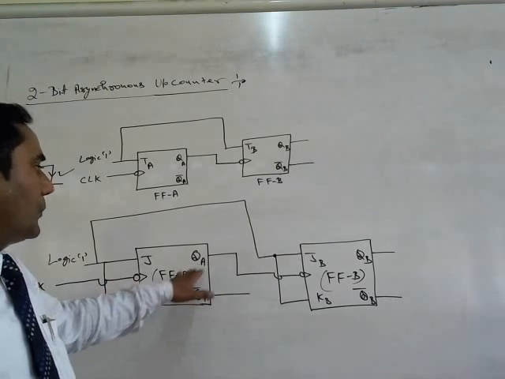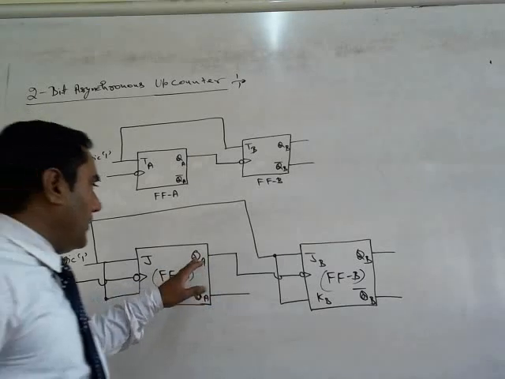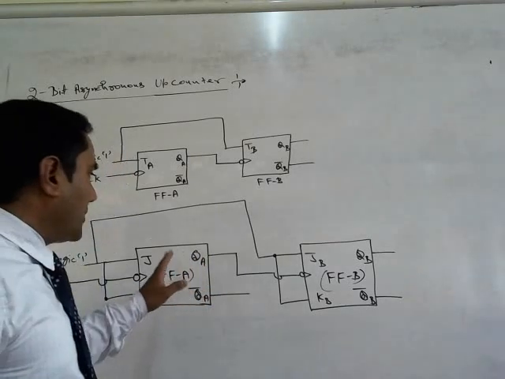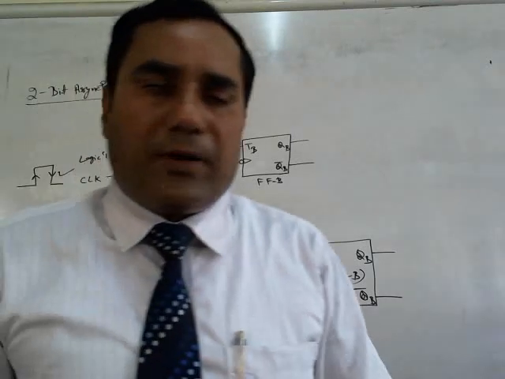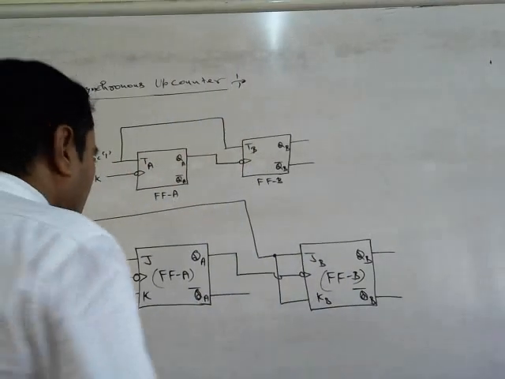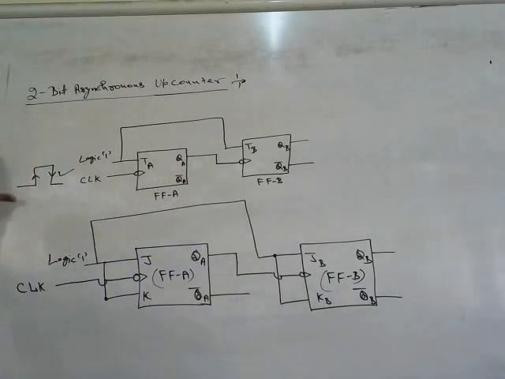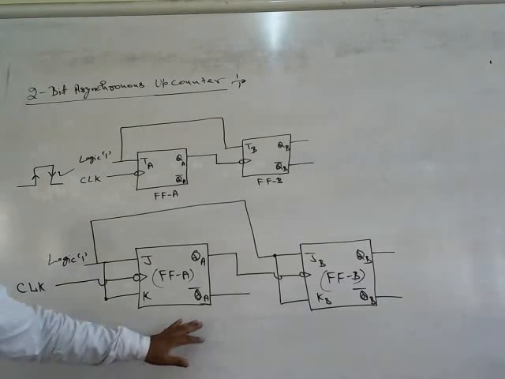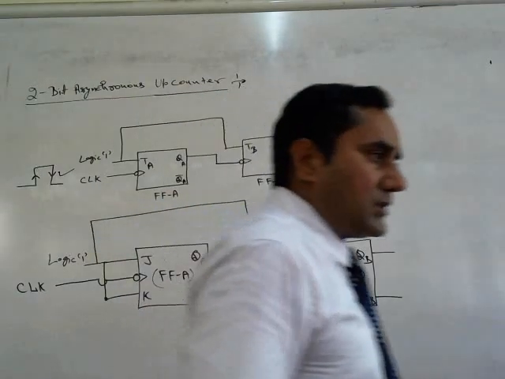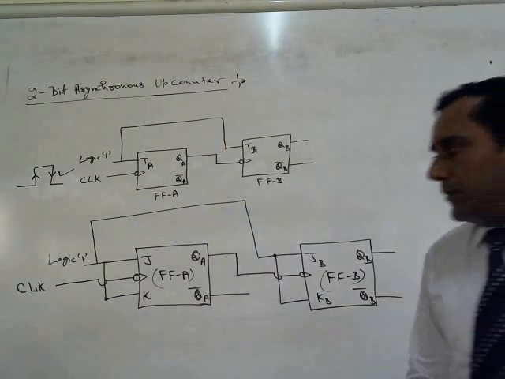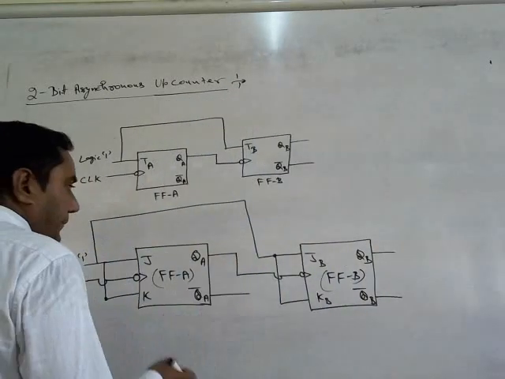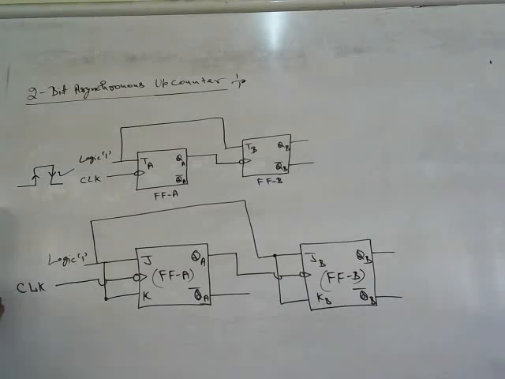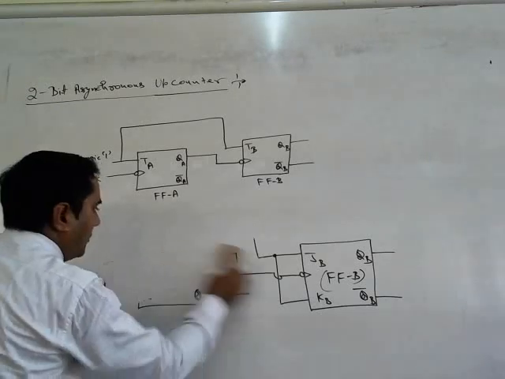The clock signal is originally applied to the first flip-flop, that is FFA, and the output of the first flip-flop is connected to the clock of the second flip-flop. So that's the circuit diagram of the 2-bit asynchronous up counter by the help of JK flip-flops. By this again we can count a total of 4 states, 0 to 3.